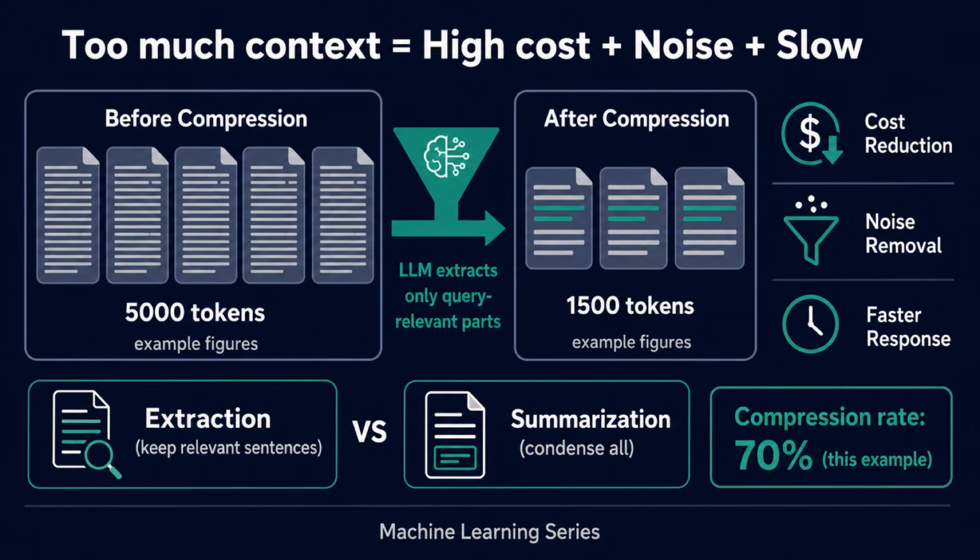In the worked example, this cuts the token count by roughly 70%, though the actual reduction depends entirely on how much of each document is relevant to the query. Two approaches exist. Extraction keeps relevant sentences verbatim, while summarization condenses the content. For cost-sensitive applications, compression is essential for maintaining quality while controlling API costs.